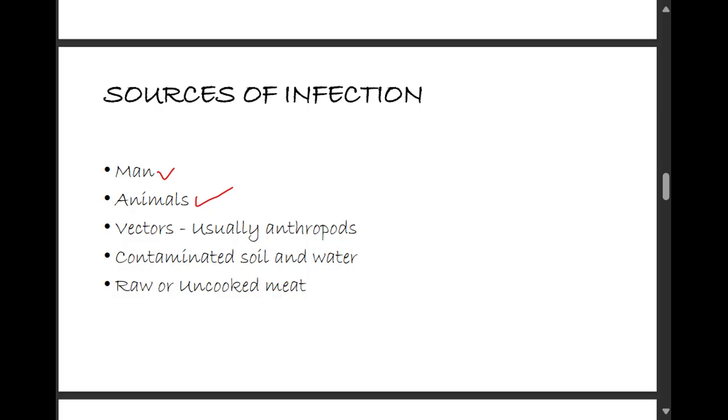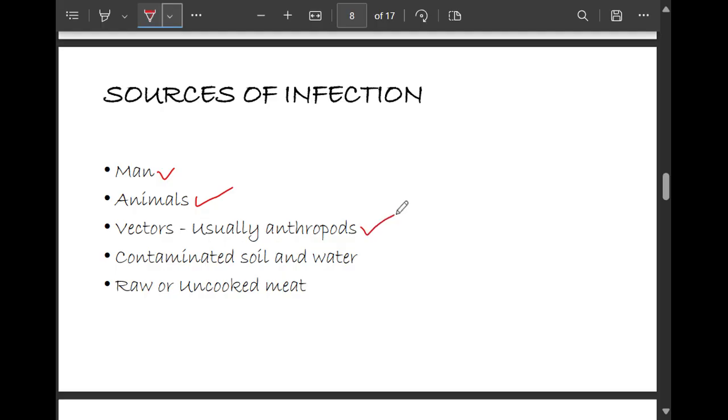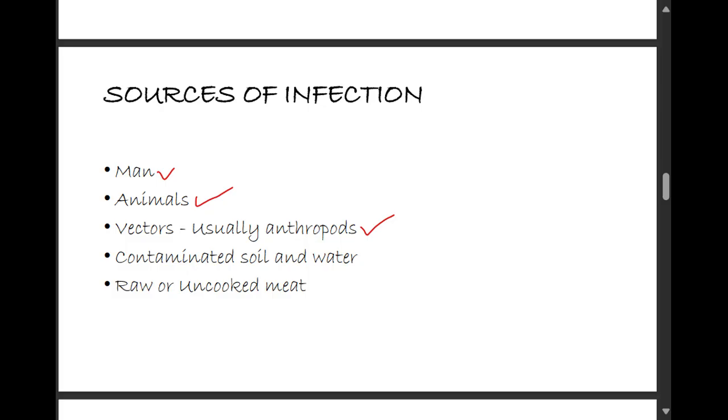Then another source has to do with vectors. These vectors are usually arthropods, and you must understand that a vector can either be biological or mechanical.